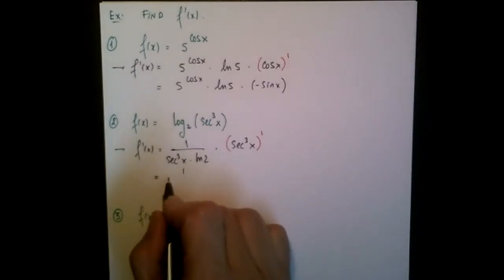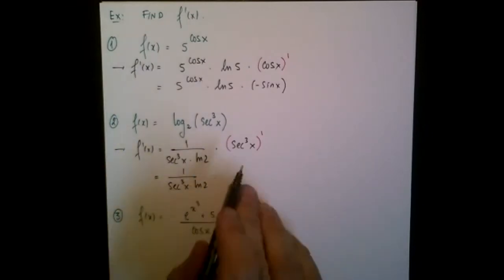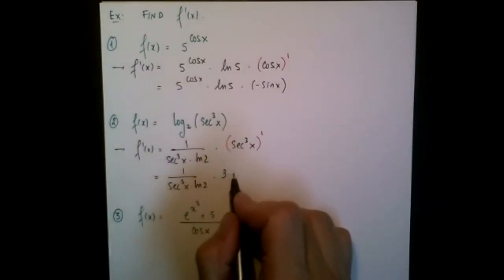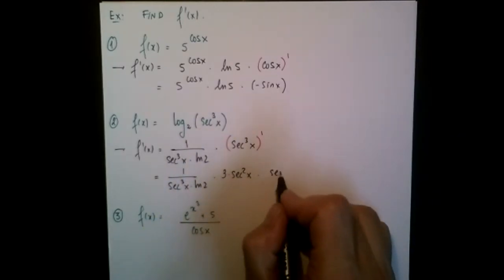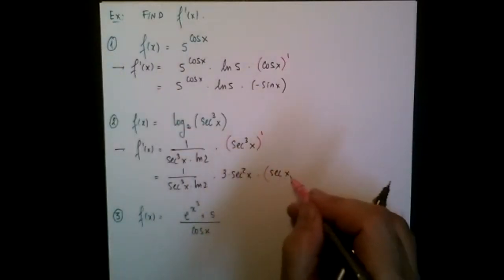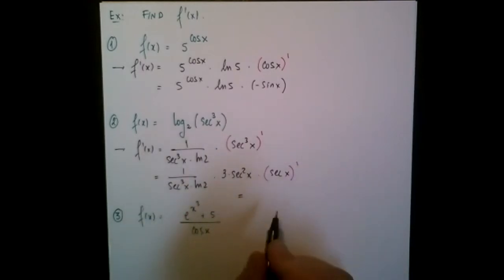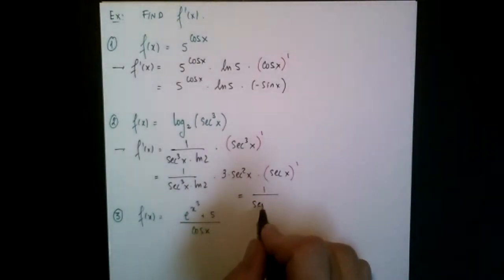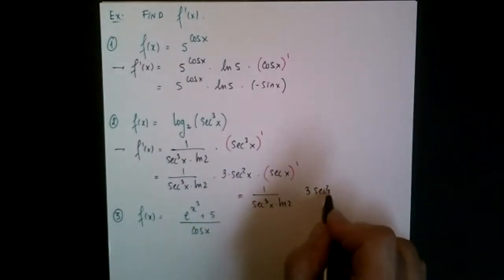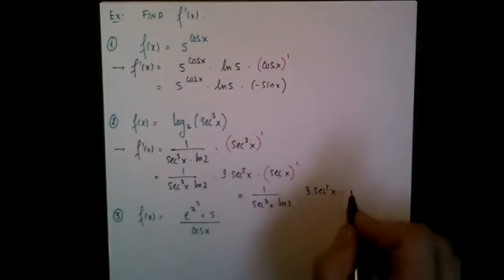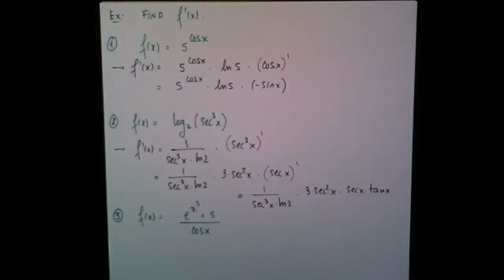So equals 1 over secant cubed x ln 2 times the derivative of secant cubed, which is 3 times secant squared times the derivative of secant. Last step: 1 over secant cubed x ln 2, 3 secant squared x times the derivative of secant, which is secant x times tangent x.